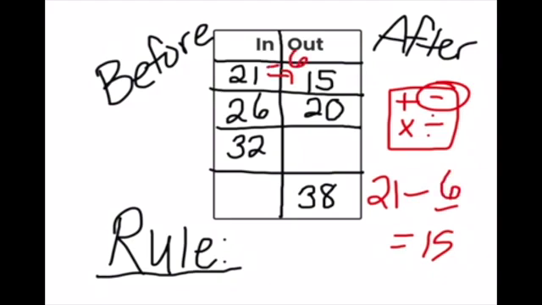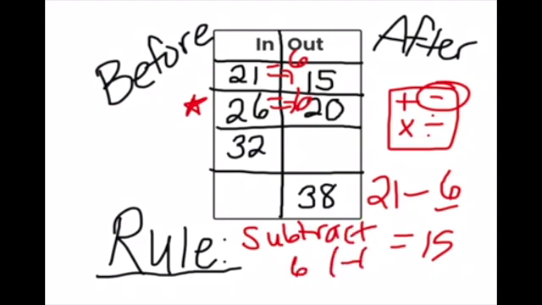So it could be a minus 6 pattern. Let's see if that works for down here. 26 turns into 20. 26 minus 6 is 20, so that rule works right there too. So I would say, since it worked for those two, that our rule is subtract 6 or minus 6, right? That would be our rule.